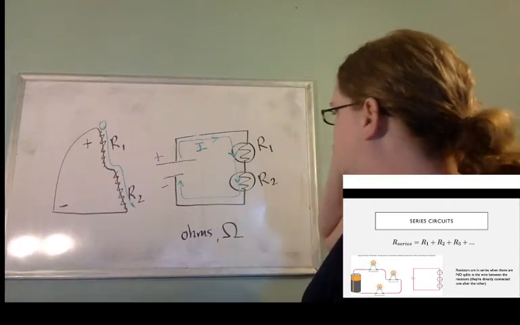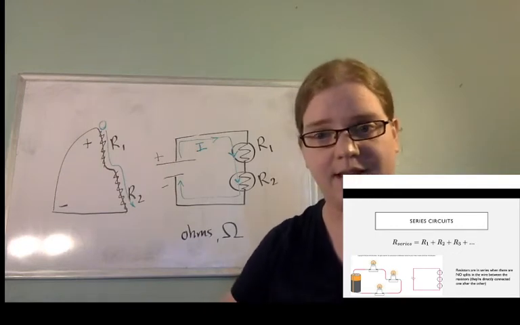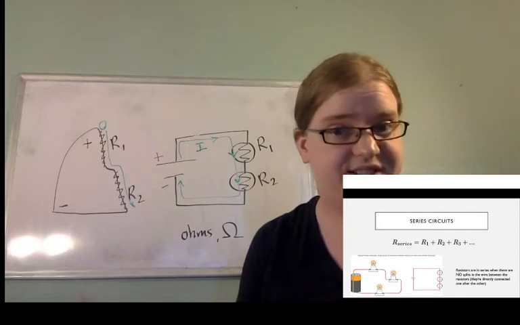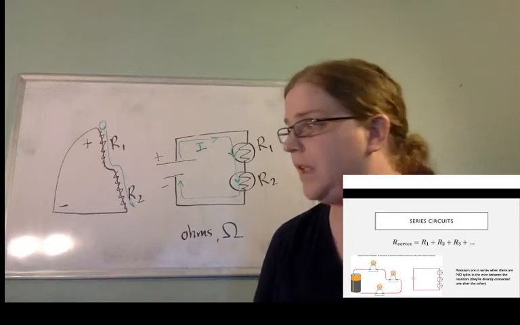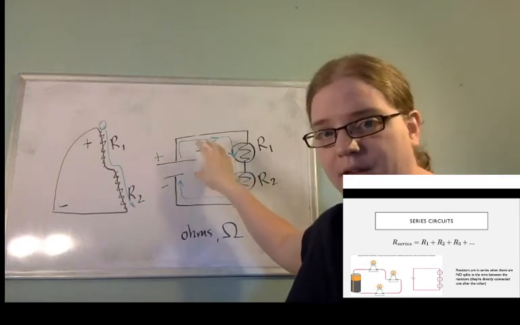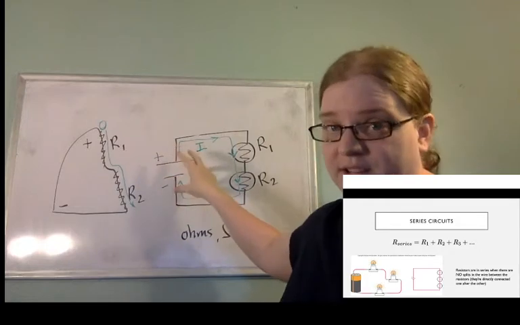Okay? All right. The equation that is listed here is the equivalent resistance of the entire circuit. So the amount of current that comes out here depends on what resistance in total the battery sees.